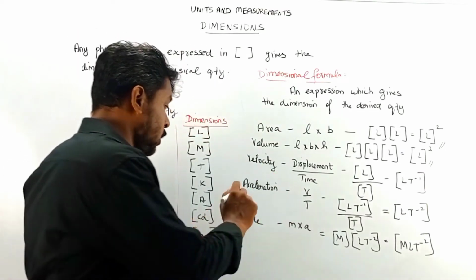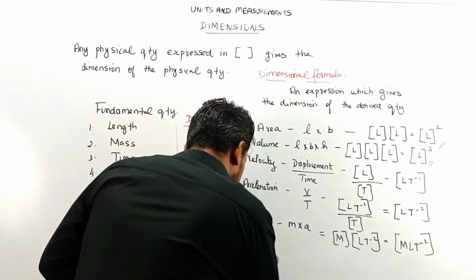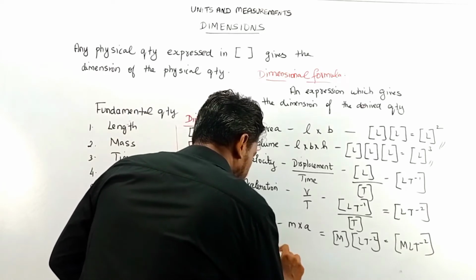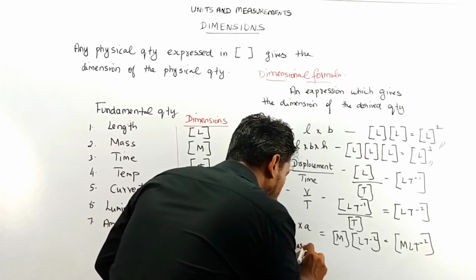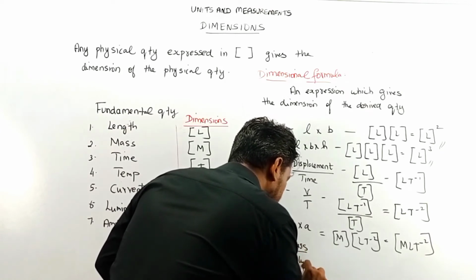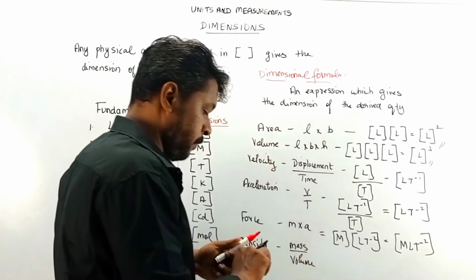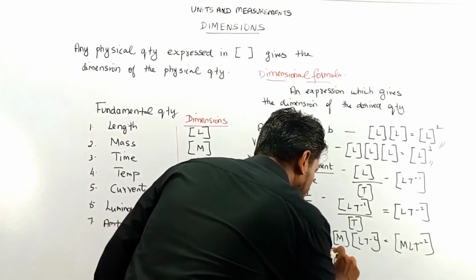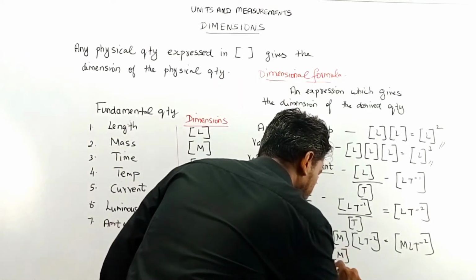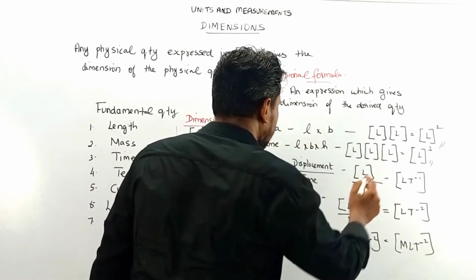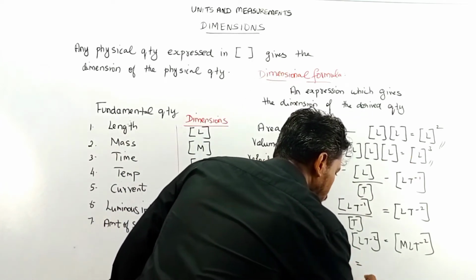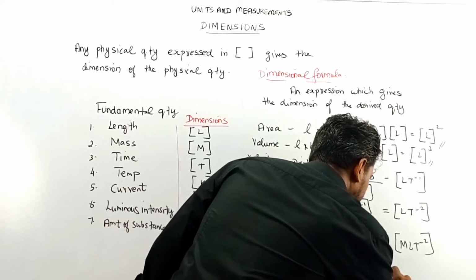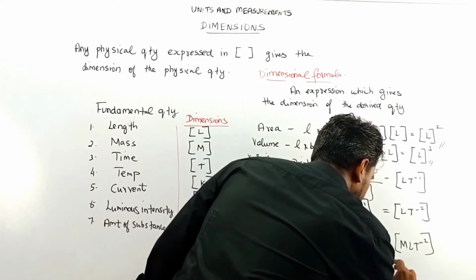Similarly, another one I'm writing is density. What is the formula for density? Mass by volume. You know the dimension of mass, capital M, and of volume, L cube. So it could be written as M L power minus 3.